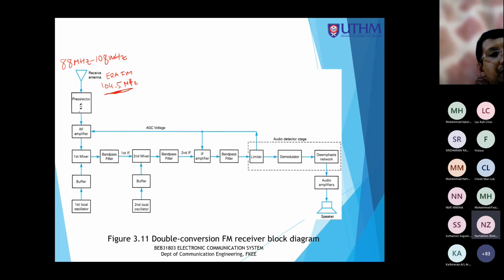It is the job of the pre-selector to select the frequency that I want, centered at 104.5.